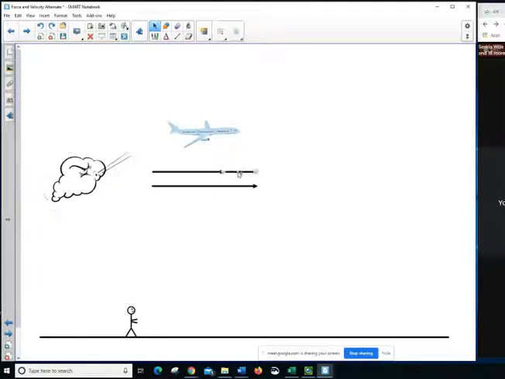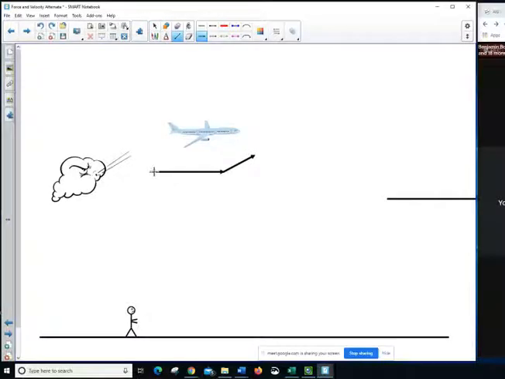So if the velocity of the wind blows at an angle, well, not surprisingly, to find this resultant or ground velocity, we're just going to add the two vectors together. And this is going to be the actual motion of the plane, what somebody on the ground would perceive as the motion of the plane.